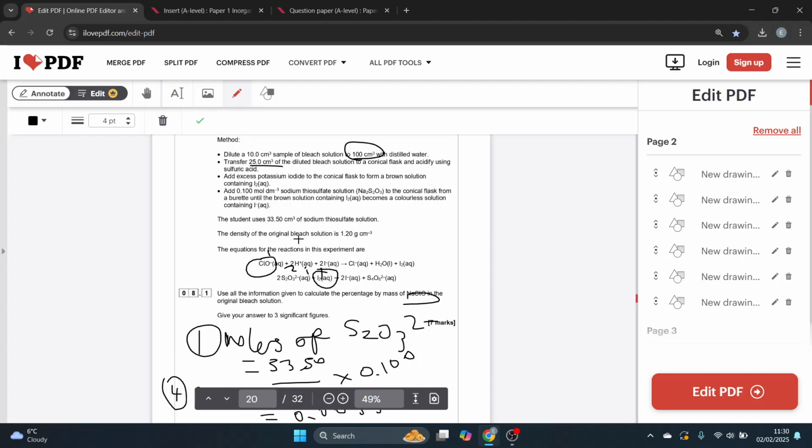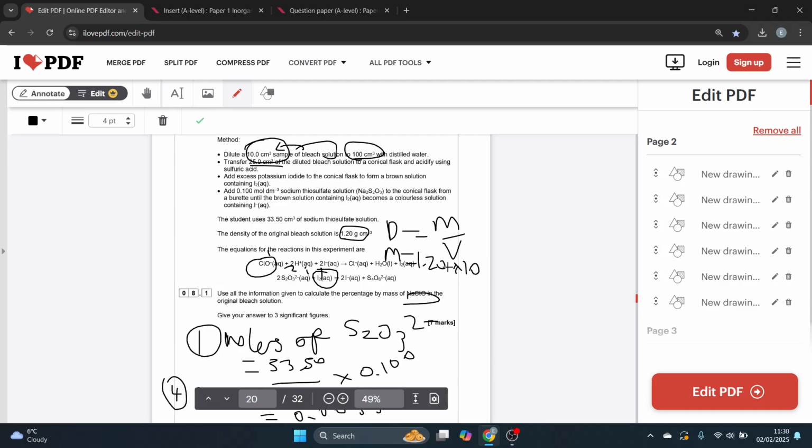Now, I also know the density of the original bleach is that, and I know a 10 centimeters cubed sample of bleach solution was transferred to 100 centimeters cubed. Well, I can use density as mass over volume. Therefore, the mass is going to be the density 1.20 times the sample of the bleach solution, which is just 10.